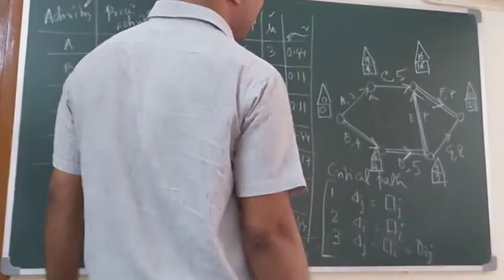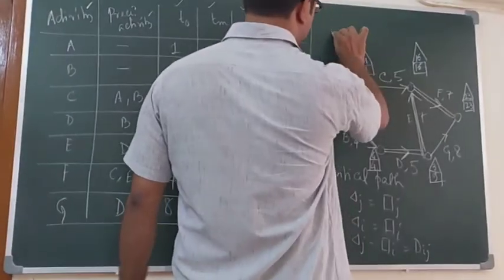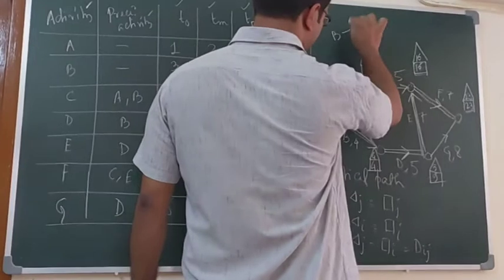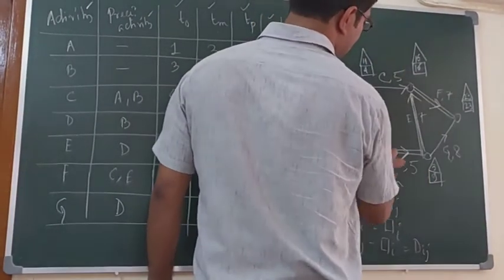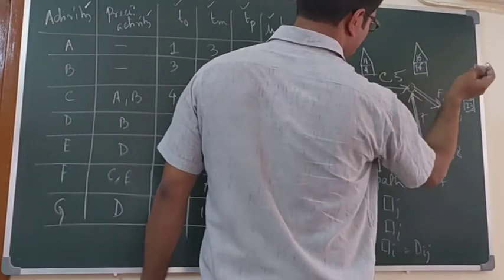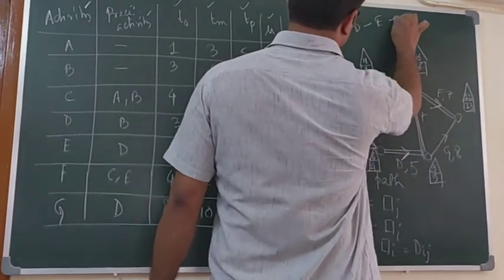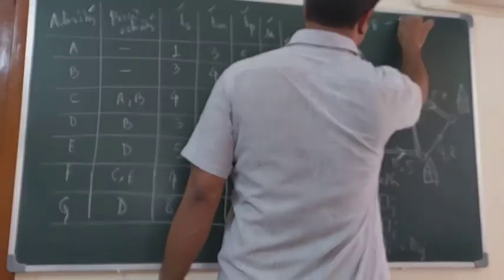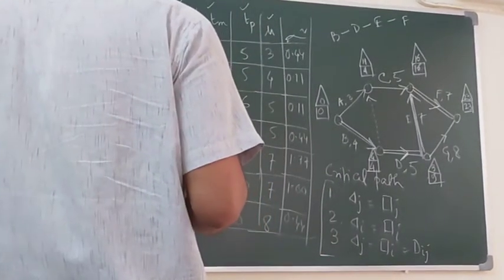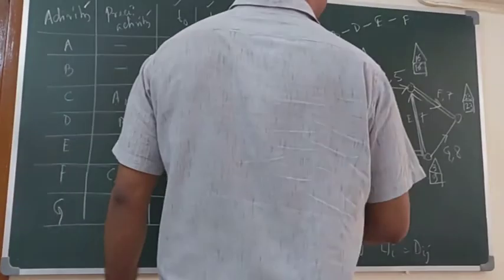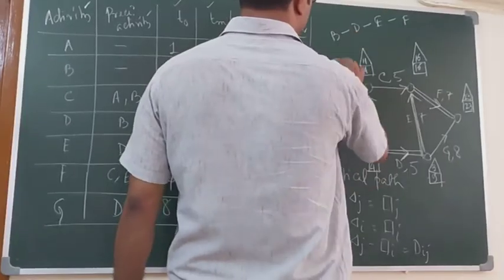So the final critical path is B, next D, next E, next F. So this is the critical path. Okay, and what is the cost?